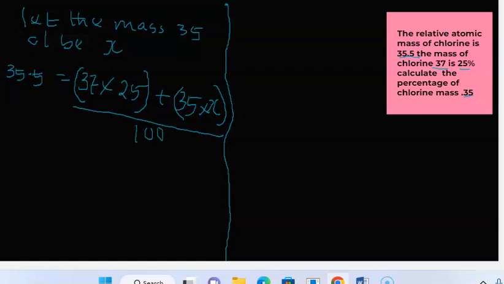Now we take this value, 35.5, is equal to 37 times 25. When we multiply, we get 925 plus 35 times x, which is 35x, then over 100.